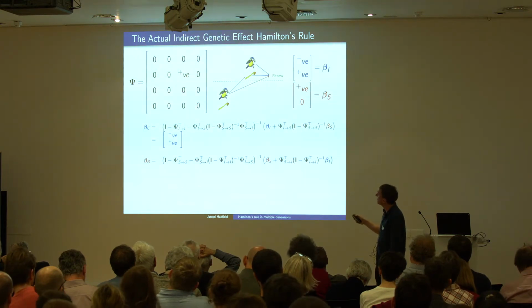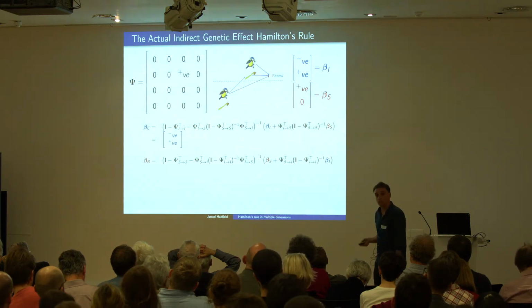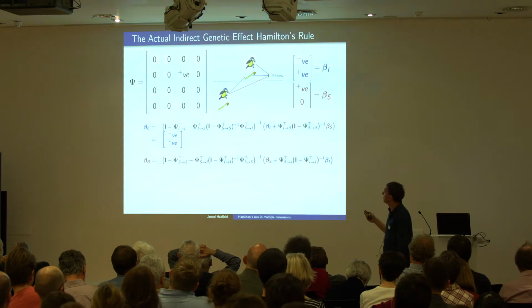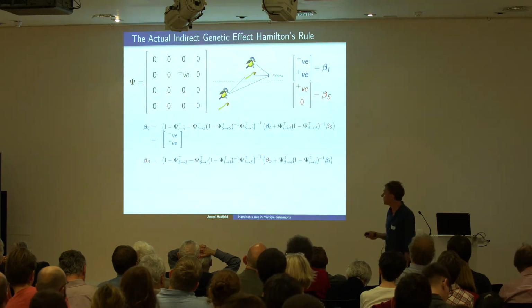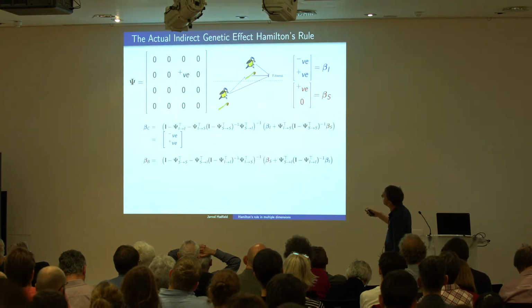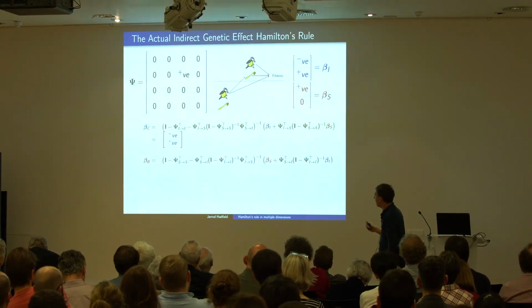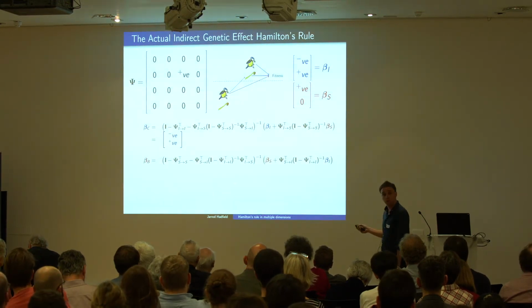It can affect it directly, and it can also do it indirectly through affecting the offspring's body size. So this horrible equation here is basically accounting for these two ways in which this individual can affect its offspring's fitness. And this is through, although Fisher probably wouldn't like it, Sewall Wright's path analysis.